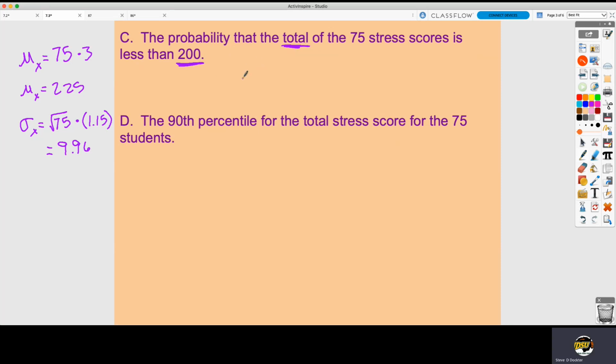So what are we typing in? We've got lower, upper, our mu is 225, our standard deviation is 9.96.